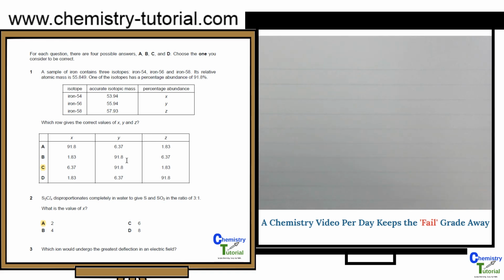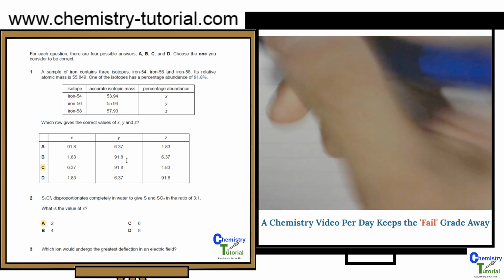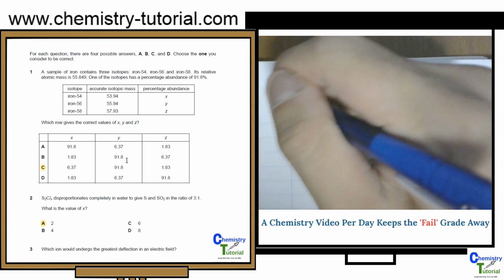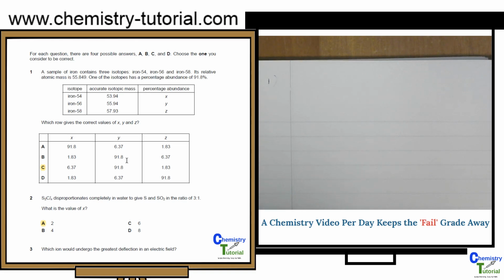This is where you can start to compute the values using your calculators. So for question 1, once you have 4 options and you can eliminate just 2 options, you're left with 2. So you just work on the other 2.